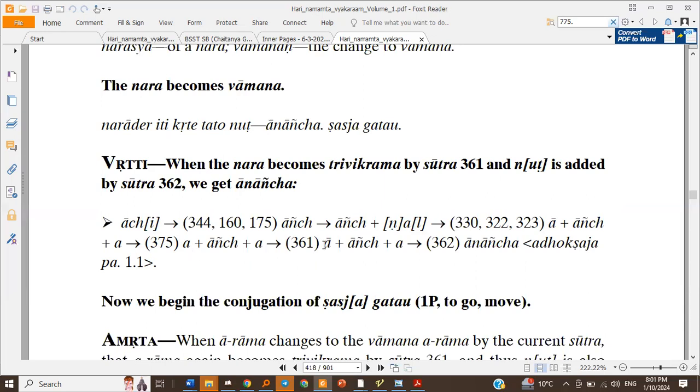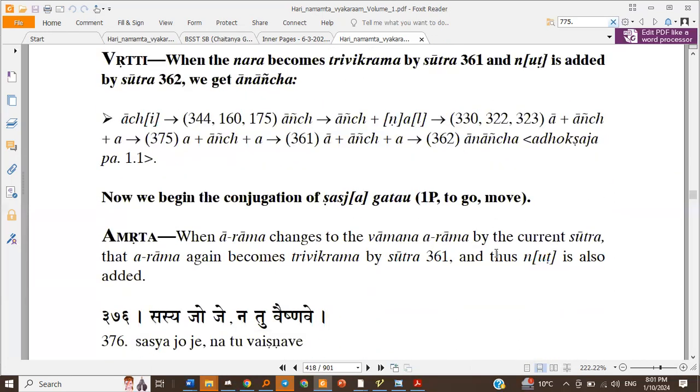And then narade ramasya trivikrama. We apply that and we again make it into trivikrama. And then tasmanut dvivishnu jane dhatu. After that we insert nut because the dhatu has two Vishnu janas. So we get anangch and so on.